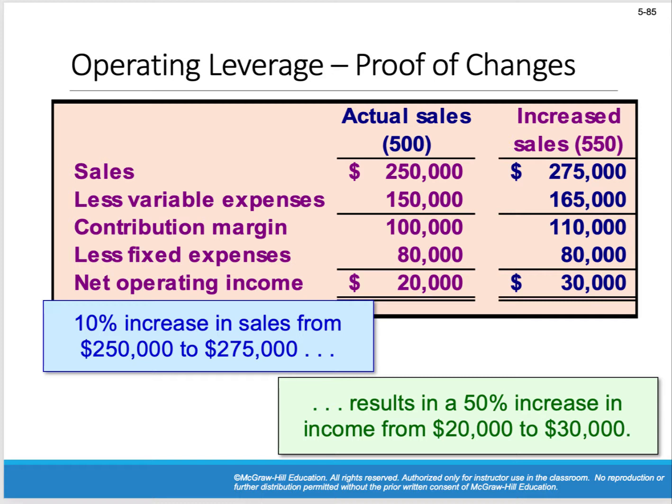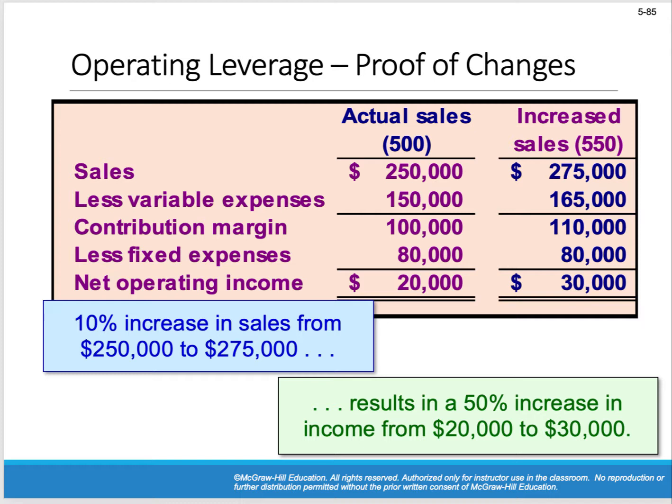So let's look for the proof. Where's the proof, right? Well, very simply, all we need to do is look at the contribution formatted income statement, right? Sales increased by 10%. So instead of selling 500 bikes, we're going to sell 550.